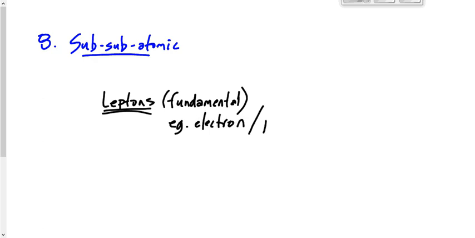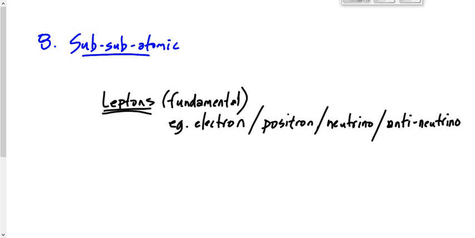And the positron, right, which is the anti-electron, and the neutrino, the electron neutrino, and of course, the electron anti-neutrino. Muons and tau particles also have neutrinos and antineutrinos, but whenever we talk about a neutrino or antineutrino in Physics 30, we're talking about the electron neutrino or the electron antineutrino.